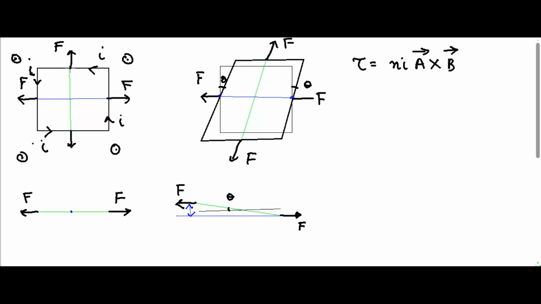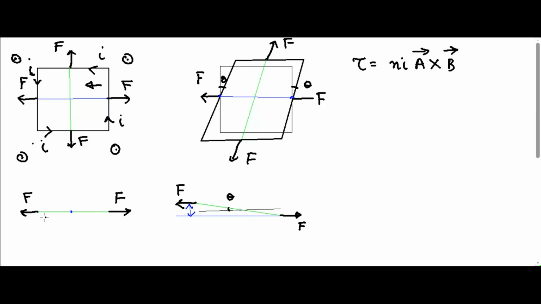So if I just take a cross section, suppose there is an imaginary green line joining the force F and this force F. I have drawn an imaginary green line, and if I look at it from this side, then the imaginary green line will look somewhat like this, and the forces will look like this force and this force.